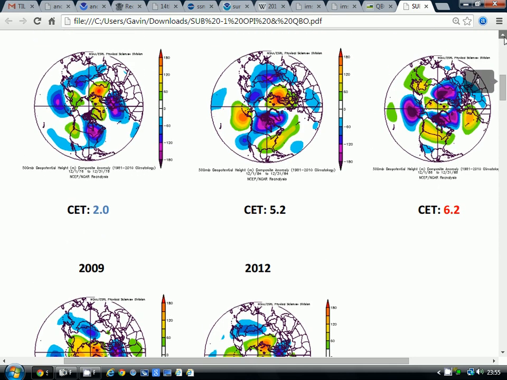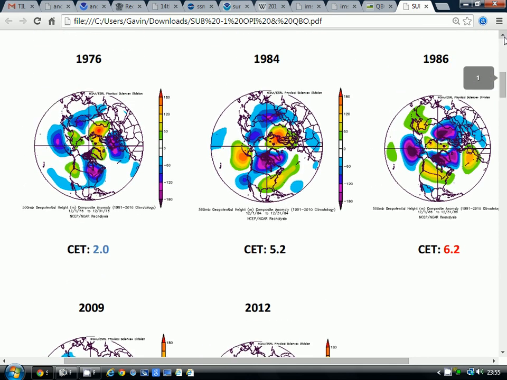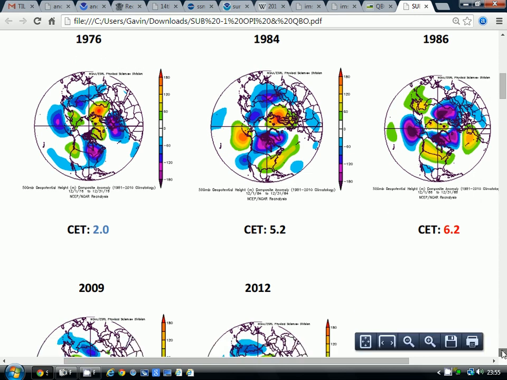The Central England temperatures for those years, we've got blue, black and red indicating below average, average and above average. So December 76 is coming out colder than average, December 84 is coming out around average, December 86 is above average. Remember, a different pattern for December 86, it is a westerly pattern.